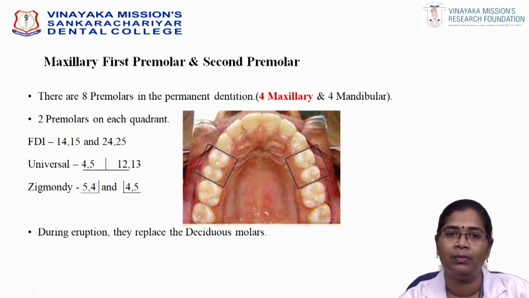In the Zsigmondy-Palmer system, the quadrants are differentiated with an L line, opposite and regular, and the teeth are numbered the same. The maxillary first premolar is number 4 and the second premolar is number 5.